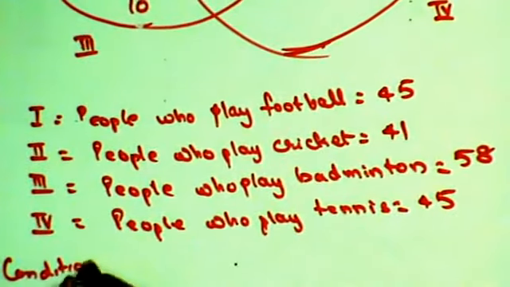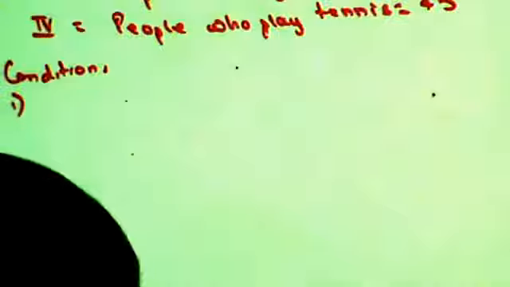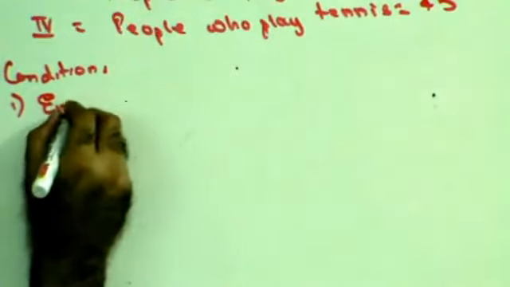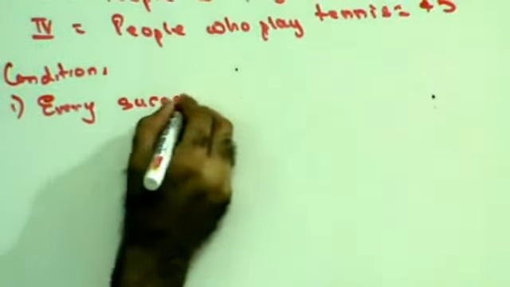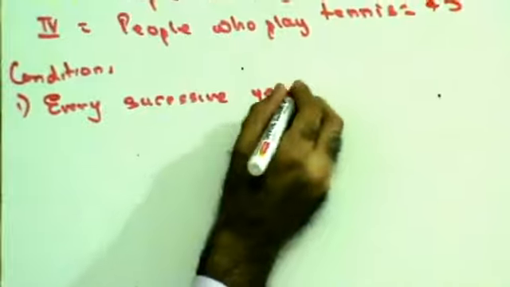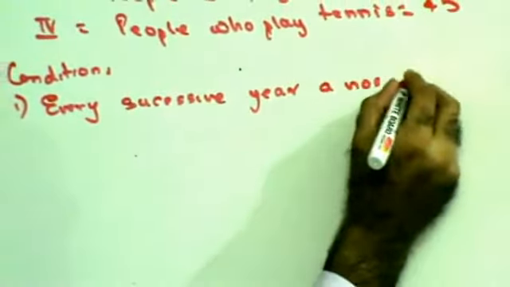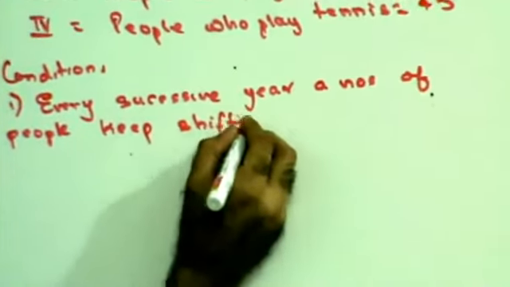Condition 1: every successive year, a number of people keep shifting from these amounts. Now the data is given to you this way.